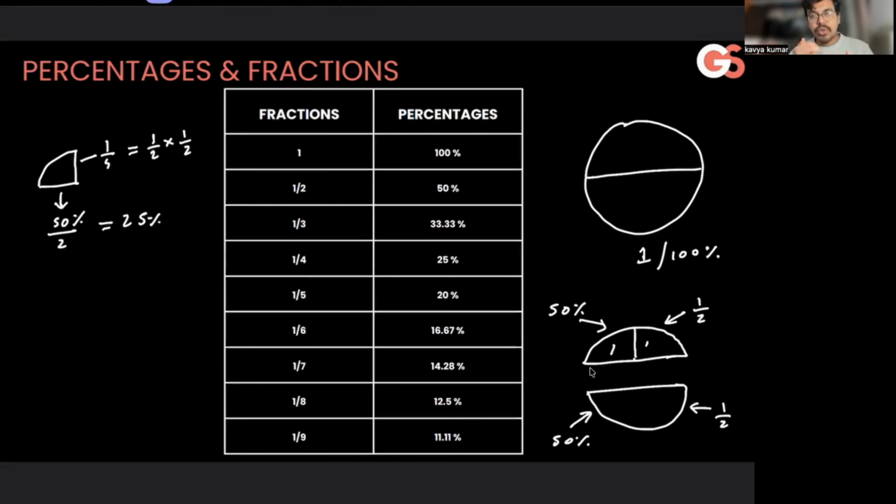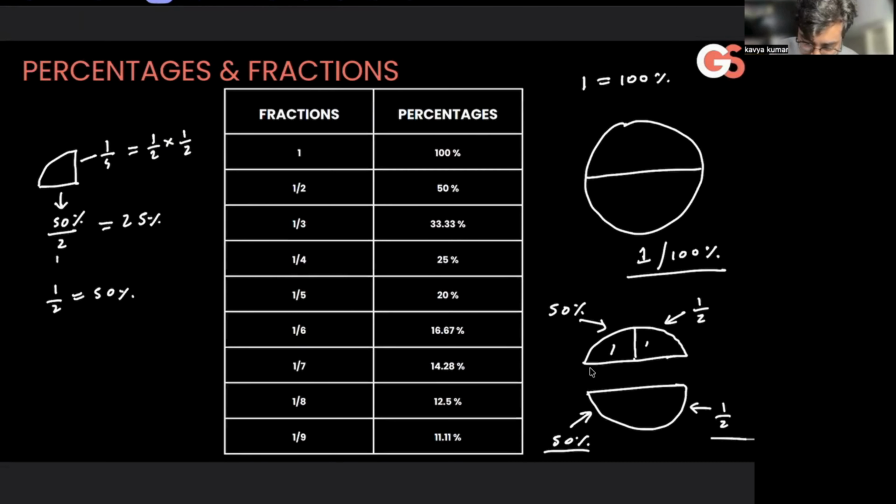So how to understand this? From this part, can we say 1 is equal to 100%? From this part, can we say 1 by 2 is equal to 50%? And from this part, can we say 1 by 4 is equal to 25%?